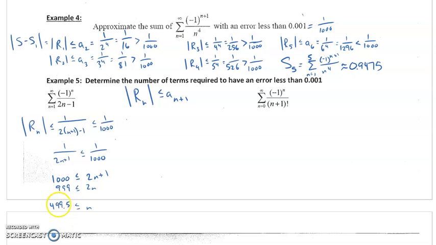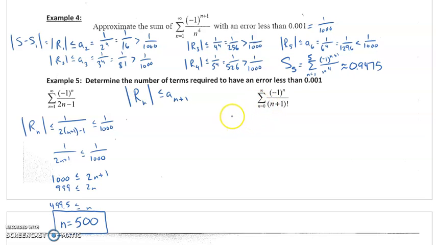If n is greater than this, but n is an integer, then the smallest n can be is 500. So remember to plug in n plus 1 into the a sub n value, so that we can work our way back to the number of terms that's going to guarantee that the error is less than 1 over 1,000.